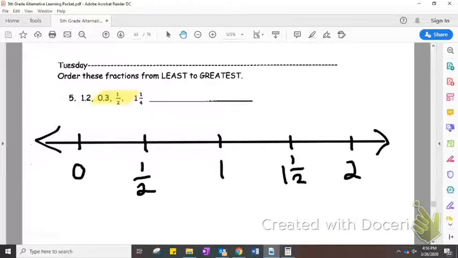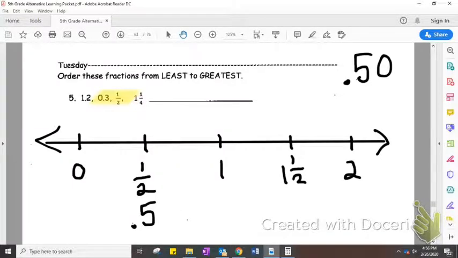Okay, so it helps us to know the value of 1/2. If you think about 1/2 of $1, that's equivalent to 50 cents. 5/10. So 1/2 is the same as 5/10.